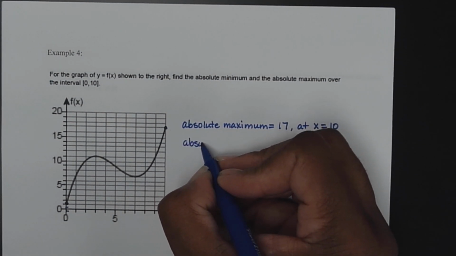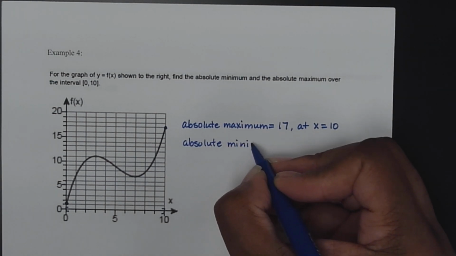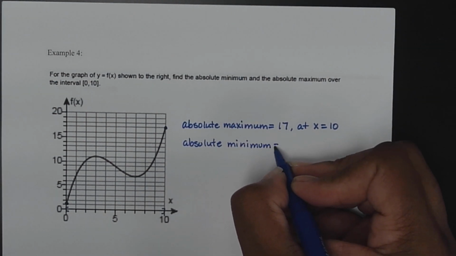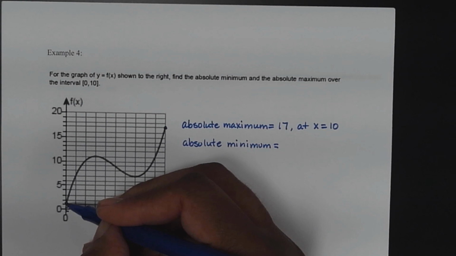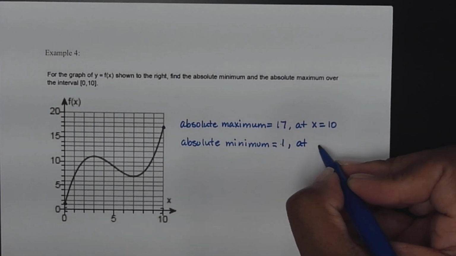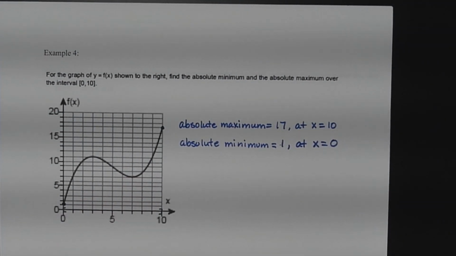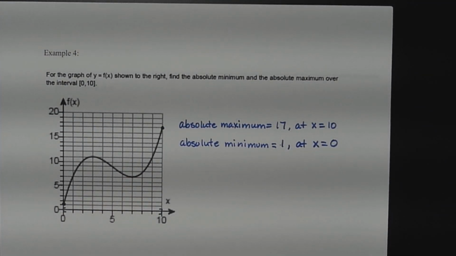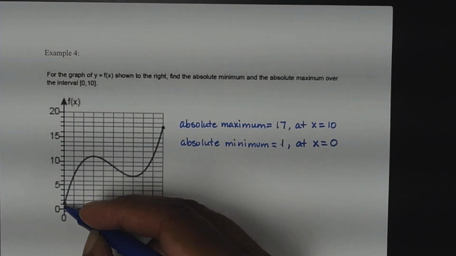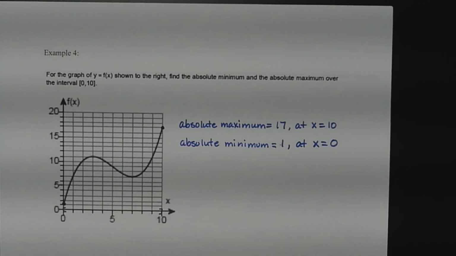Then for the absolute minimum, here, this is the lowest y value it would ever reach. On that interval, the absolute minimum will be the y value at 1. It occurs at x is equal to 0. Because as you can see, that graph crosses the x-axis at 1 when x is equal to 0.